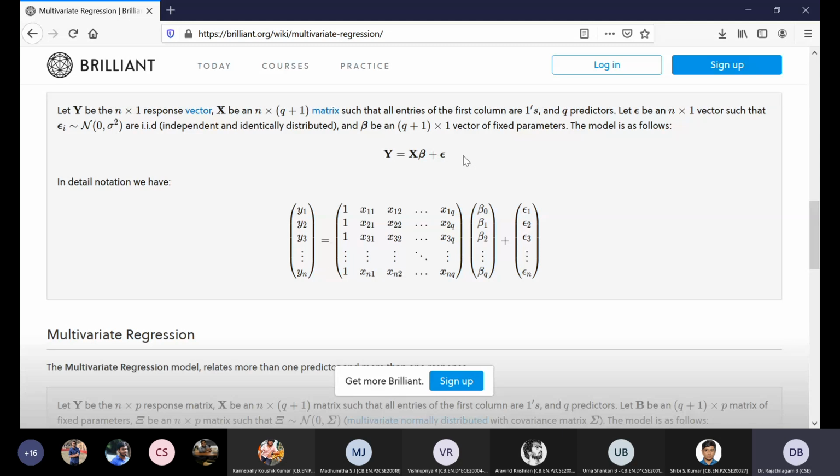All this has been put together in matrix form, and therefore the y matrix is equal to the x matrix into the beta matrix plus the epsilon matrix. So this is multiple regression.